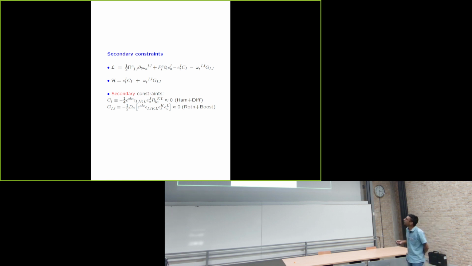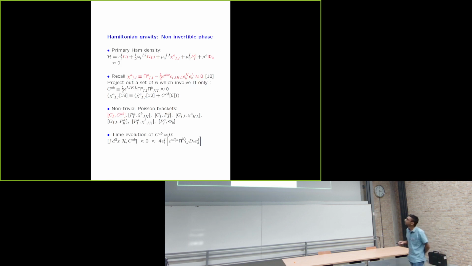All these are well known, just that these are written a bit differently in these variables. So now with these primary constraints, one can write down the primary Hamiltonian density, where these are the Hamiltonian plus diffeomorphism, these are the rotation plus boost, and these are the primary constraints, 3 sets of them.